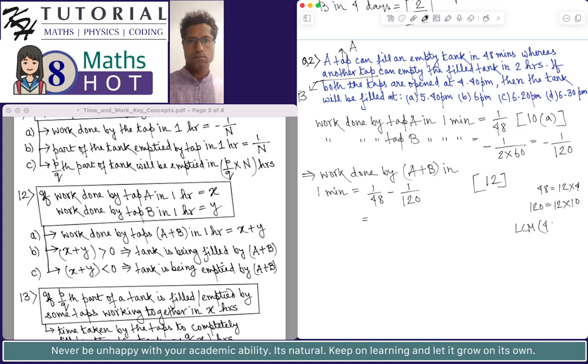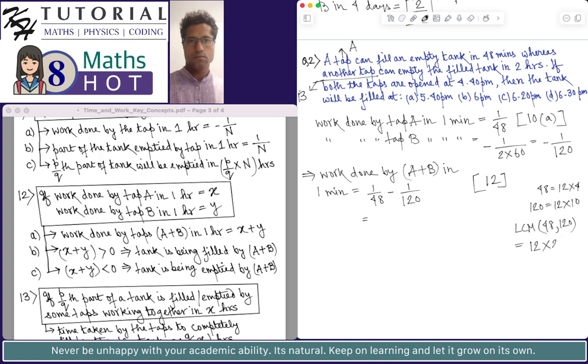I'm not using the common calculation for finding the LCM, just roughly finding it. You must be able to do it verbally in the mind, but I am not that smart, so I am doing a little bit of calculation. It will be 12 multiplied by the LCM of 4 and 10. What is the LCM of 4 and 10?